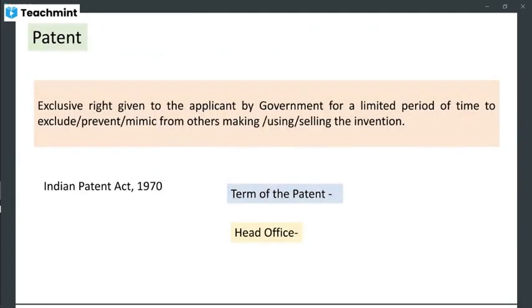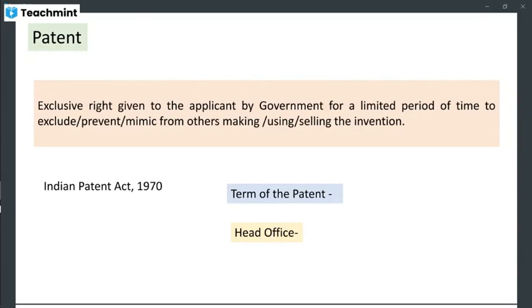So coming to the patent, I hope you guys are now aware of what you mean by patent, who gives the patent, and such things. Patent is nothing but a legal form of protection which is given to the person who has invented a new thing, right?